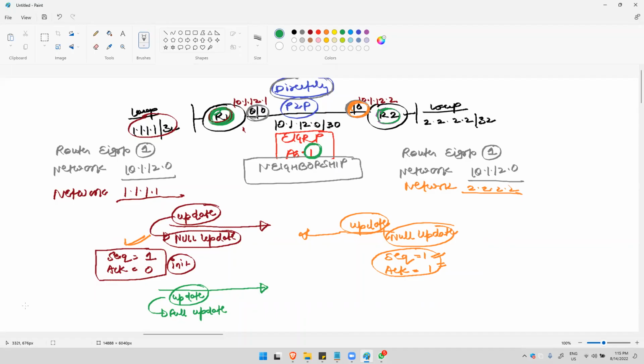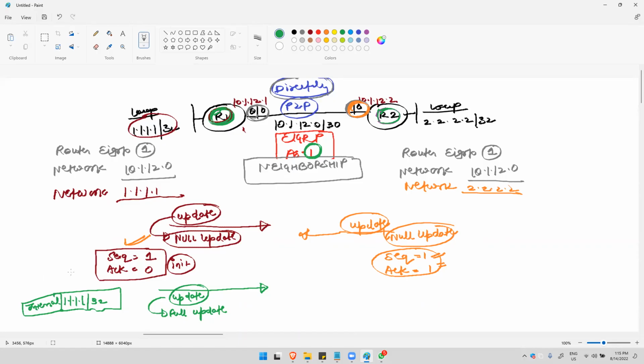So R1 says I am sending internal network information. The internal network is 1.1.1.1 and the slash value is 32. Is this classless or classful?